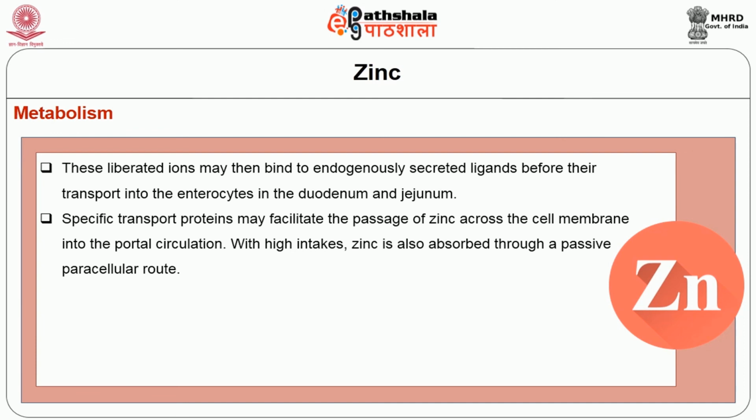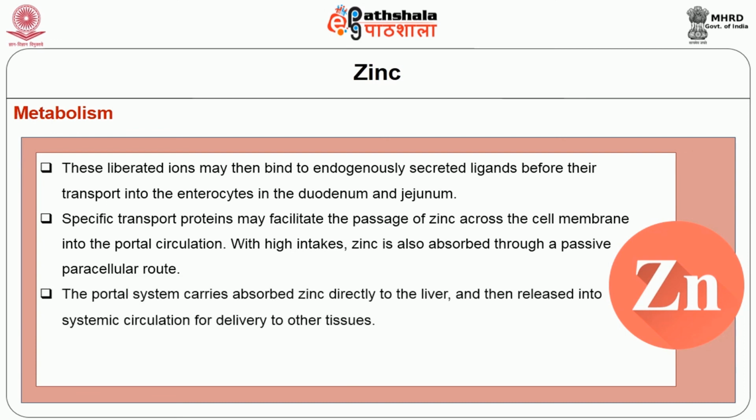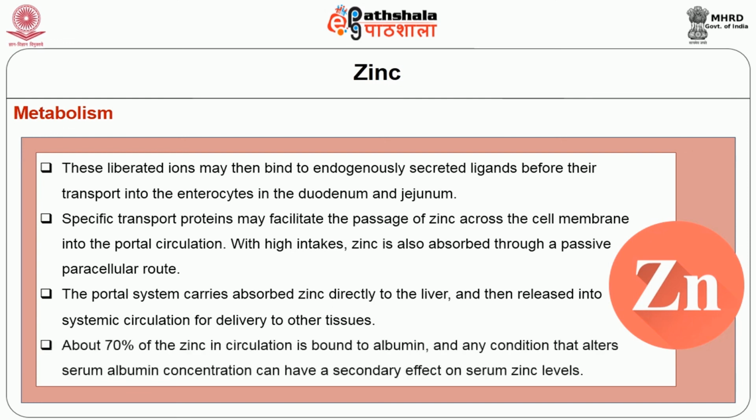With high intakes, zinc is also absorbed through a passive parallel paracellular route. The portal system carries absorbed zinc directly to the liver and then it is released into the systemic circulation for delivery to other tissues. About 70% of the zinc in circulation is bound to albumin, and any condition that alters serum albumin concentration can have a secondary effect on serum zinc levels too.